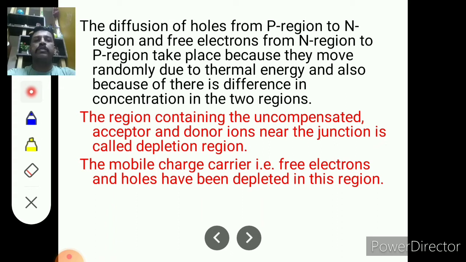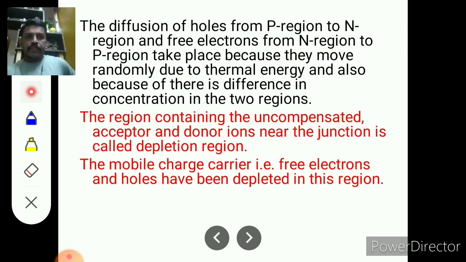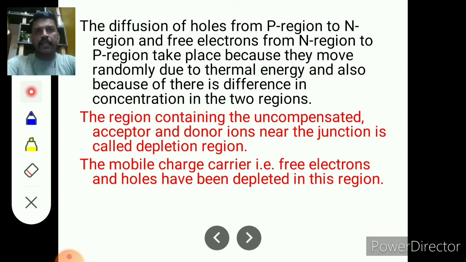Similarly, the electrons diffuse into the p region. So this is movement from higher concentration to lower concentration. Another is due to thermal energy. Due to thermal energy, the covalent bonds break, and therefore a large number of free electrons and holes are available, and they can move from the p region to the n region or from the n region to the p region. In this way, the diffusion process takes place.